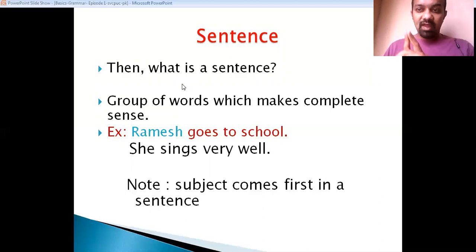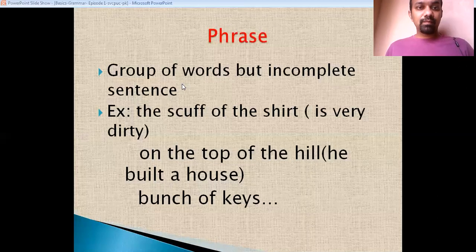So, I drink coffee. Subject, verb, object. The SVO pattern is the correct structure of a sentence. So a sentence is a group of words which gives complete sense or meaning in itself. There should be a subject and a predicate in every sentence we write.